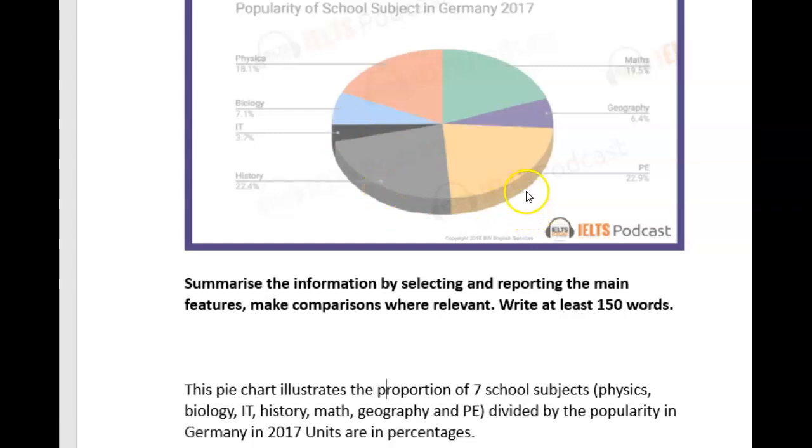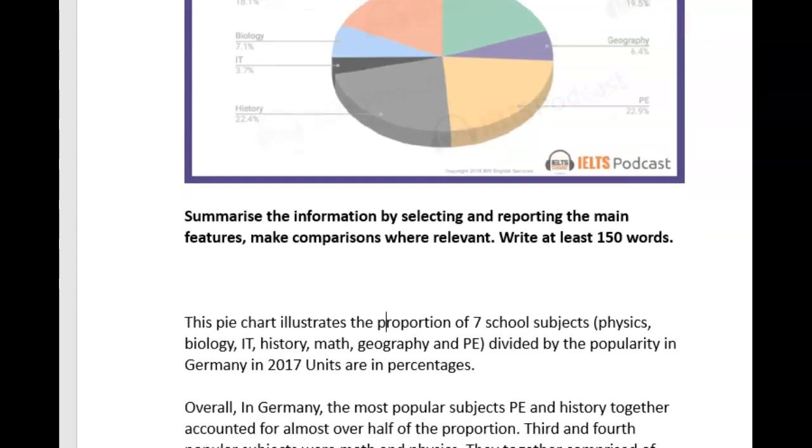Overall, 4 subjects, namely PE, history, physics, and math, accounted for the largest proportion of popularity. So any one of those would have been an appropriate overview. Okay? Anything other than that is questionable.